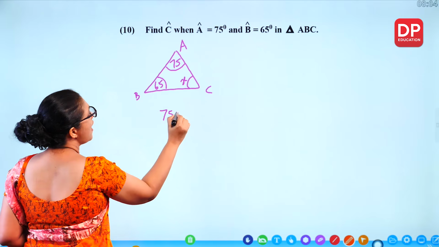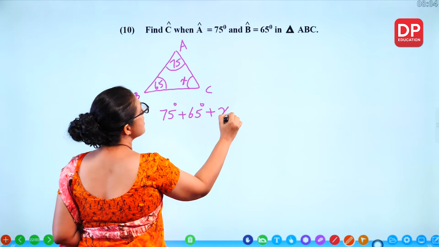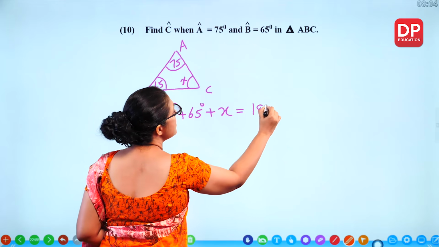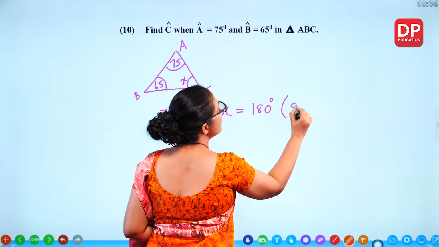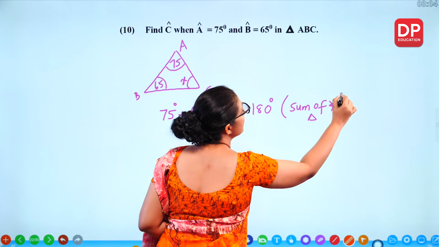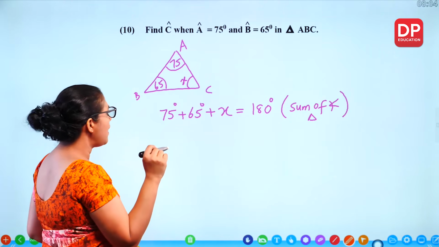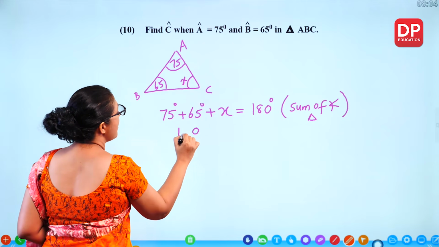So 75 plus 65 plus x is equal to 180, the sum of angles in a triangle. 75 and 65, you get 140.